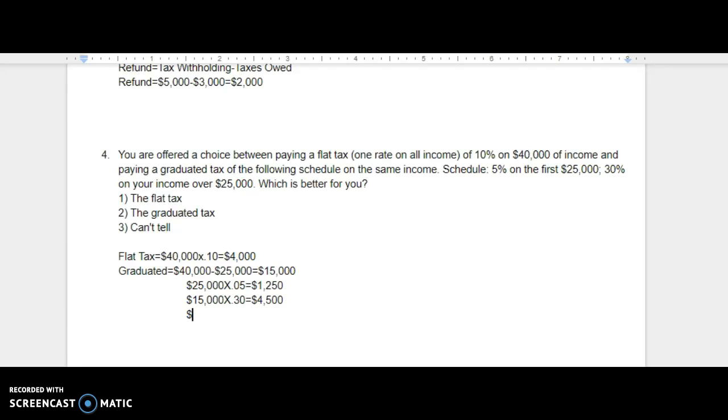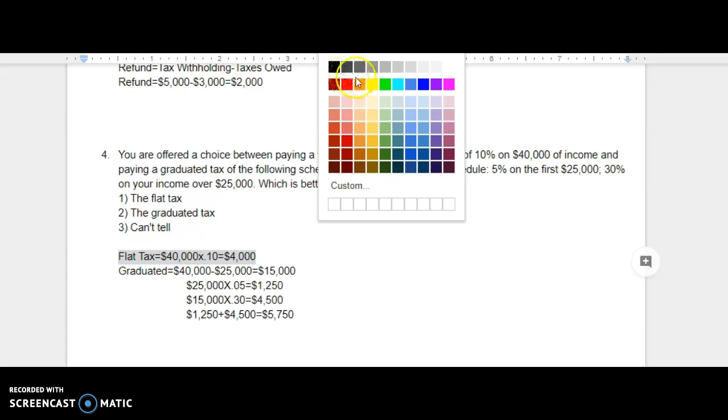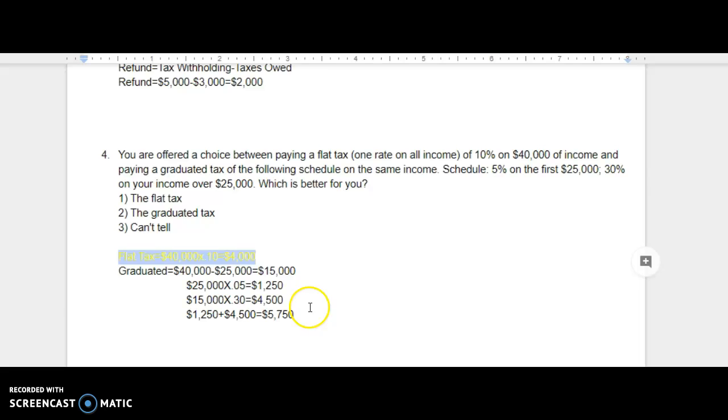Our first bracket was $1,250 plus our second bracket of $4,500 equals a total of $5,750. Clearly, it would be best for us to pay this flat tax of $4,000 rather than paying the graduated tax of $5,750.